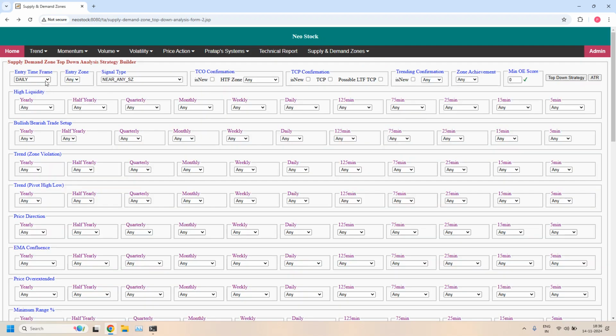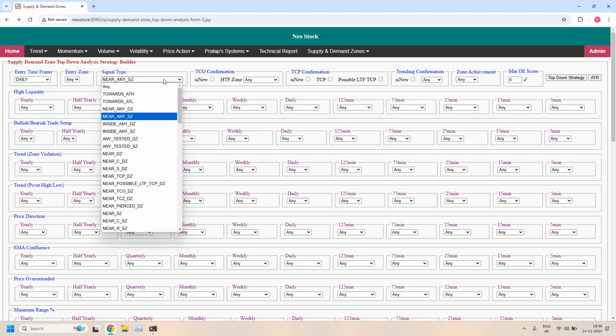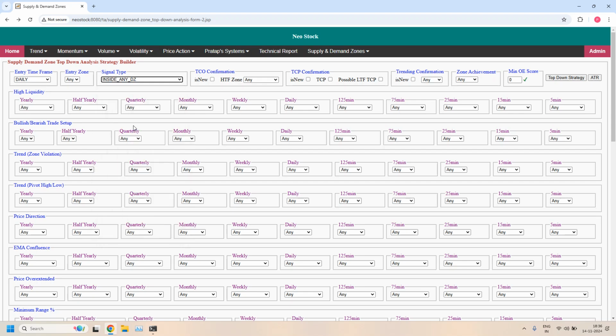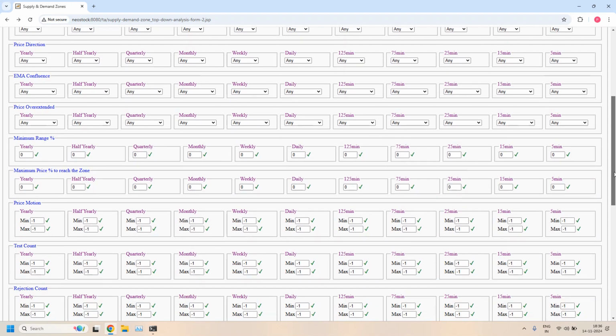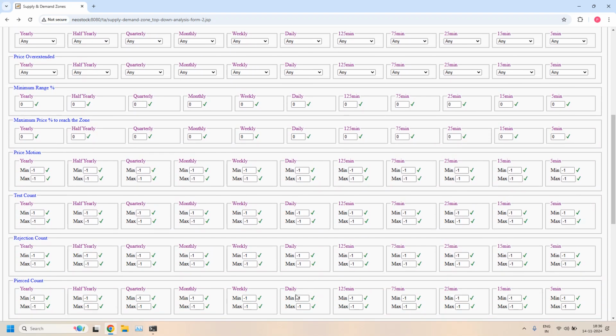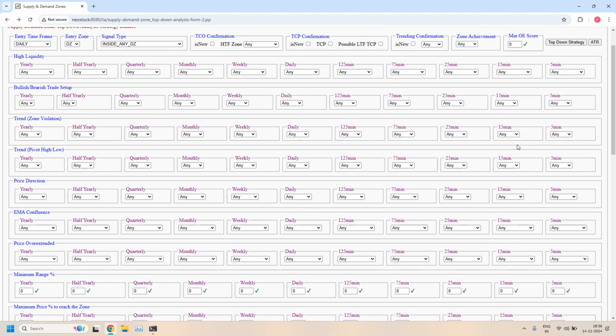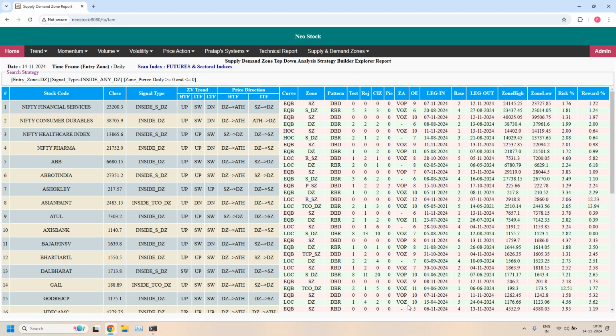Okay, next for daily time frame, let us find the stocks where price closed inside the daily demand zone. And these daily demand zones should not be pierced. So in the pierced count, daily time frame, setting minimum value 0, maximum value 0. So we got several stocks.